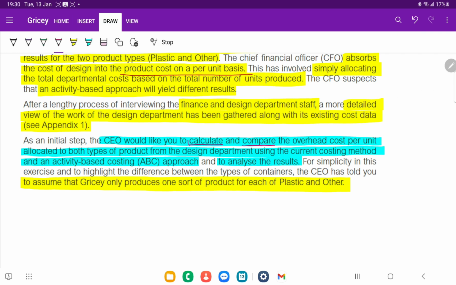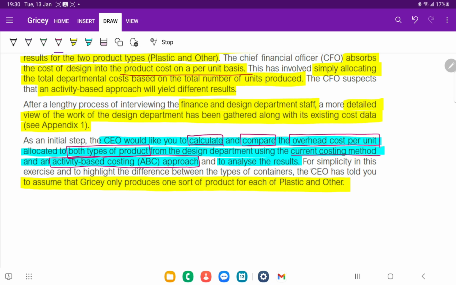So you are supposed to calculate and compare the overhead cost per unit allocated to both types of product from the design department using the current costing method and an activity based costing approach, right?